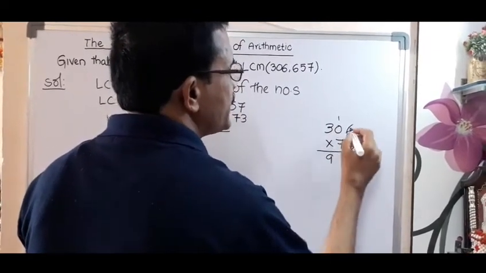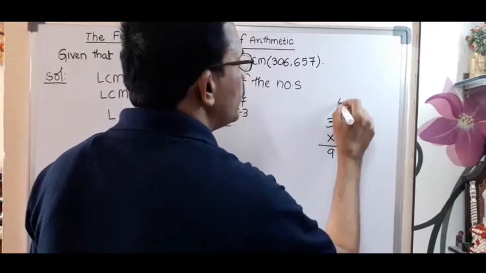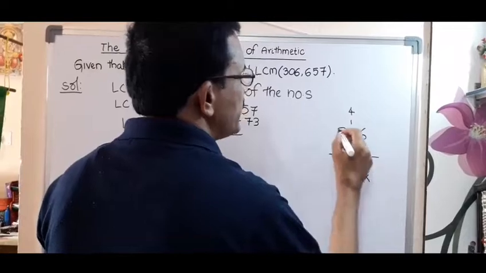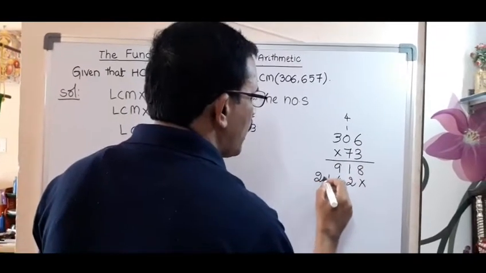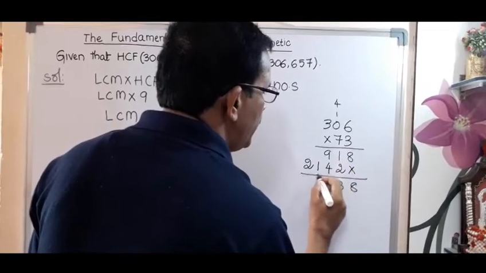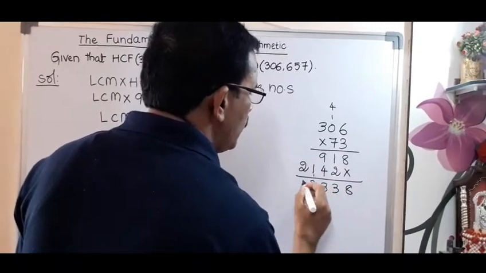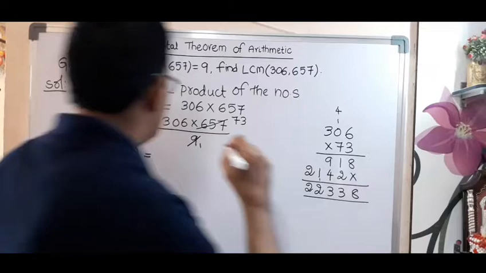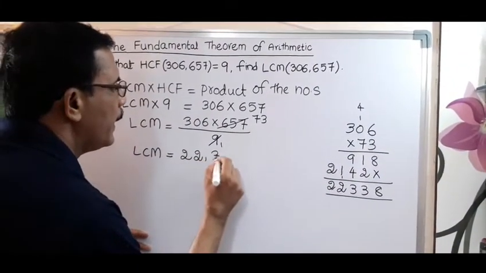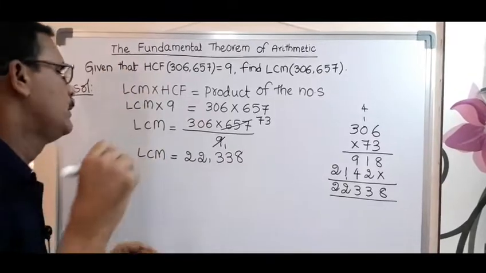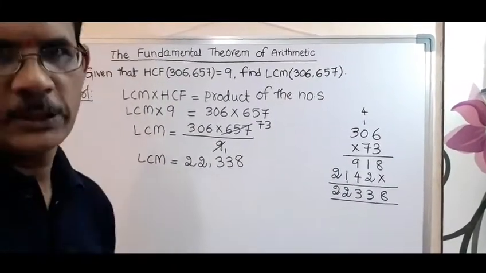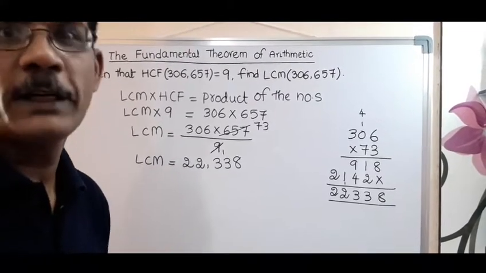Now it is 7, 7 sixes are 42, 4 is carried, 7 into 0 is 0, plus 4 is 4, 7 threes are 21. 8, 3, 9 plus 4 is 13, 2, 2, so that is equal to 22,338. So LCM of 306 and 657 is 22,338.